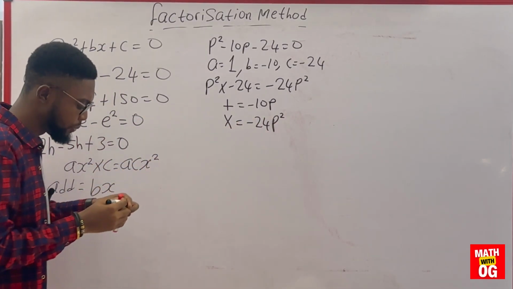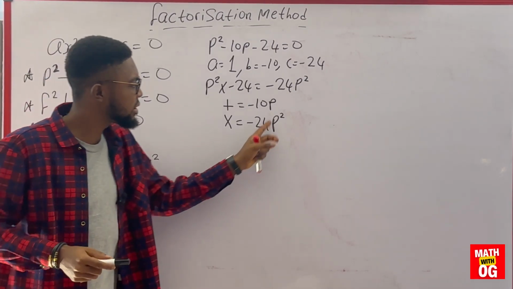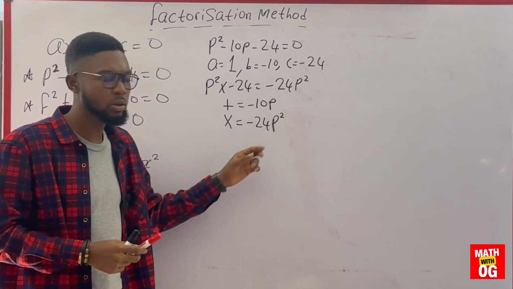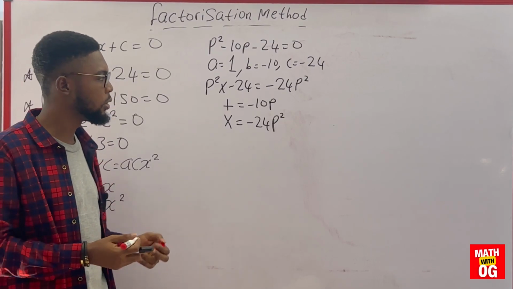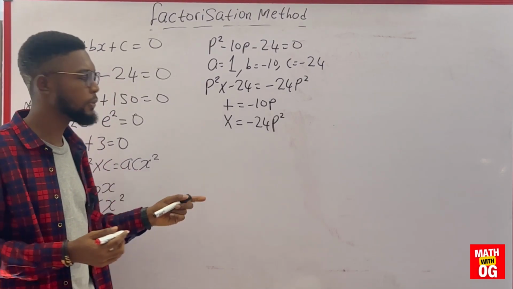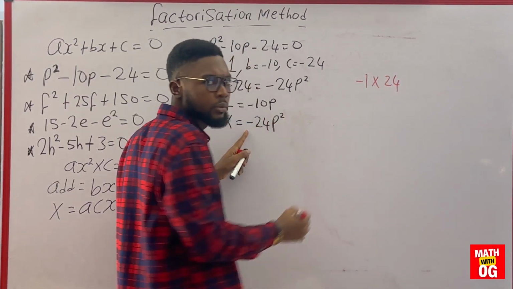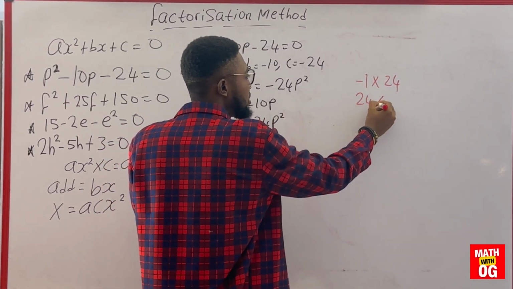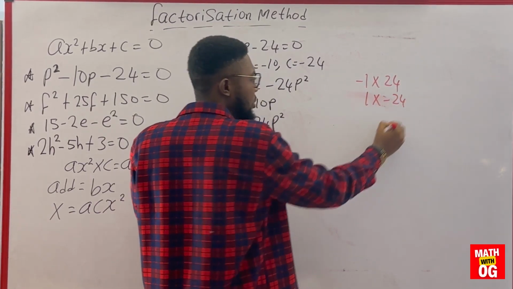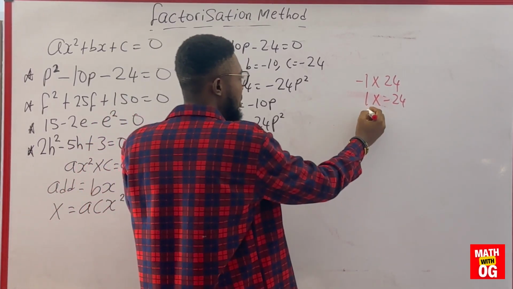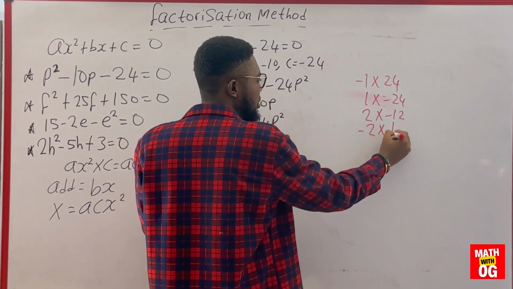Now when you want to do this for the very first time, ignore the p squared and the p. Focus on minus 24. Bring out the possible combinations that can give you minus 24. I will either do minus 1 multiplied by 24, or 1 multiplied by minus 24. Moving on to 2, you can have 2 multiplied by minus 12, or minus 2 multiplied by 12.